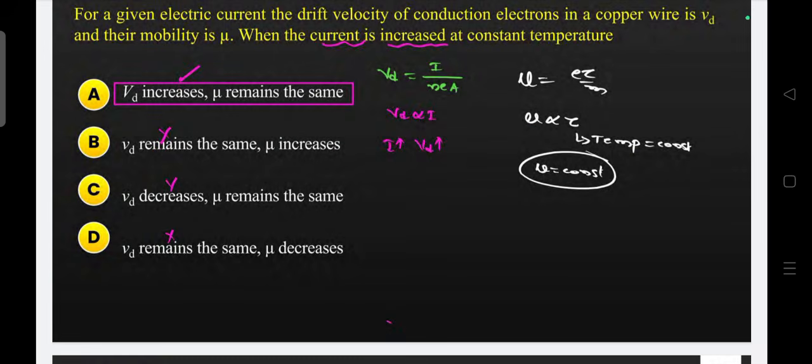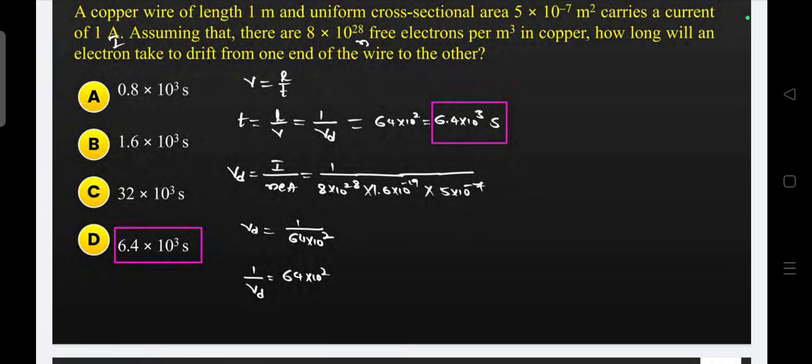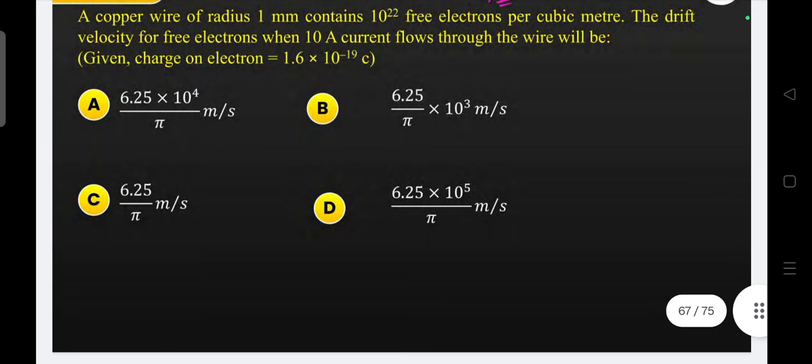For a given electric current, the drift velocity of a conductor. Next question for drift velocity of a conductor with answer. Next question. Next one. So these are the questions with answers.